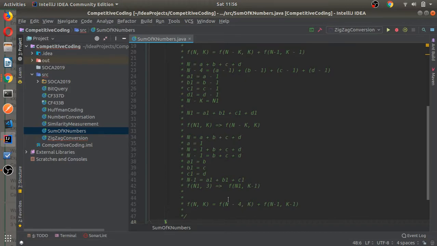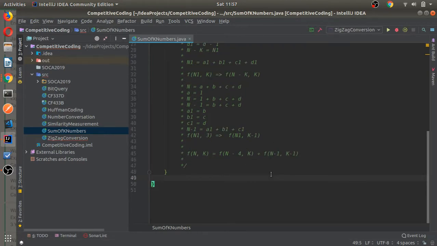This mathematical part is quite interesting actually. We are reducing the equation down in this form. Anyways, so let's code this then. private static int f. First it's going to take n, and next it's going to take k.